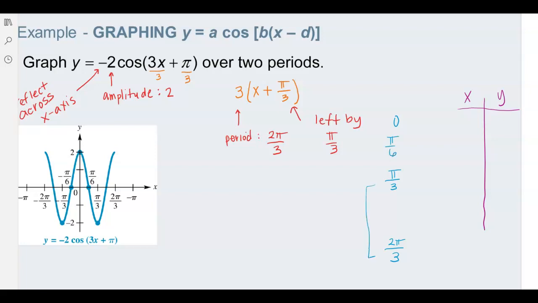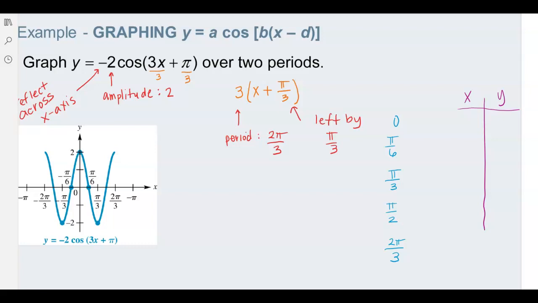And then the middle between these, I'm going to do 1/3 plus 2/3, and then I'll divide that by 2, and that's going to be 1/2. So pi over 2 is going to be right in the middle of those two. Okay, those are what the values would be if I didn't have a phase shift. So this is just taking the beginning at 0 and going to the end of the period and splitting it up into equal intervals.